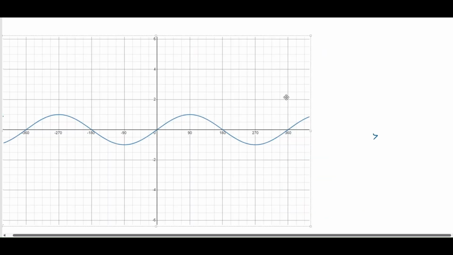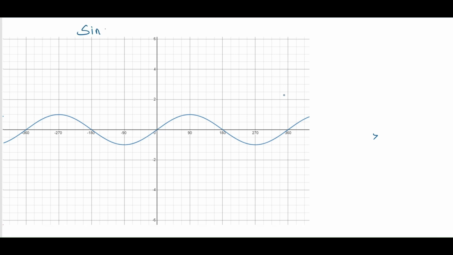So you may be wondering what sine, cos, and tan are. Well, they're actually functions. So here we have a graph of sine theta. And so every x value, so every point on your x-axis is a value that theta can hold.